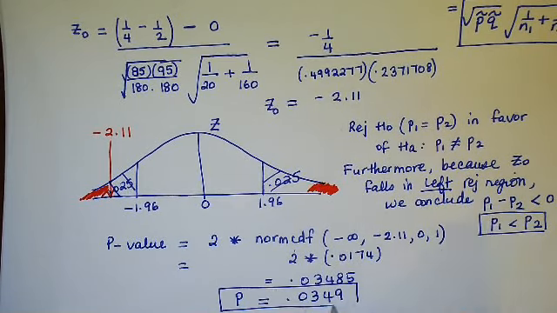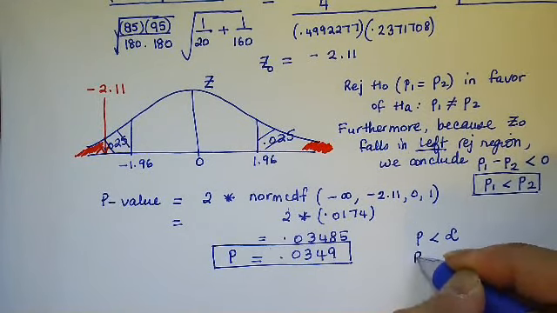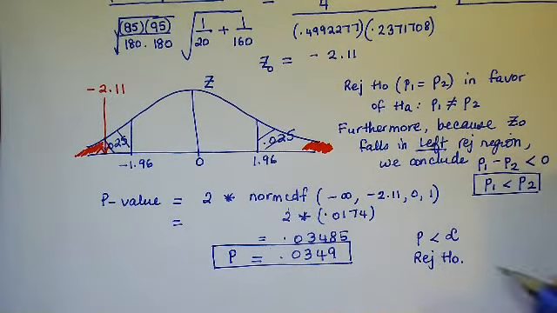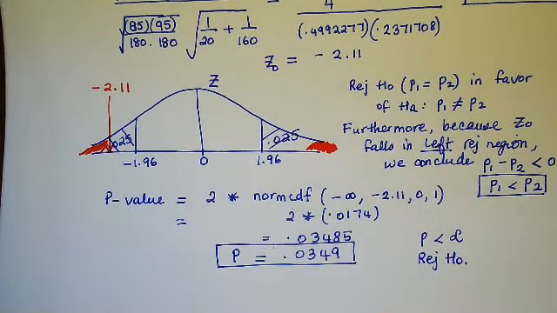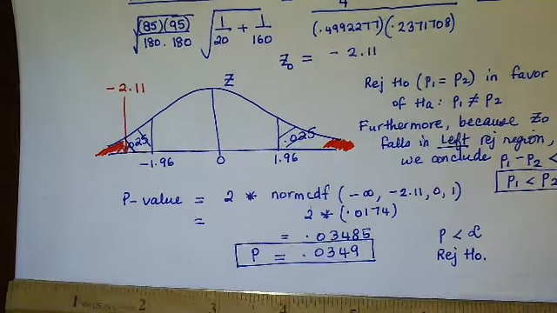So I get 0.03485. So 0.0349 is the p-value. P is less than alpha. Reject H naught.